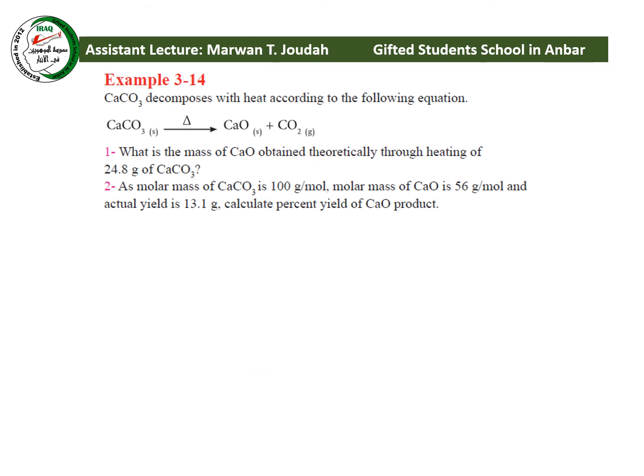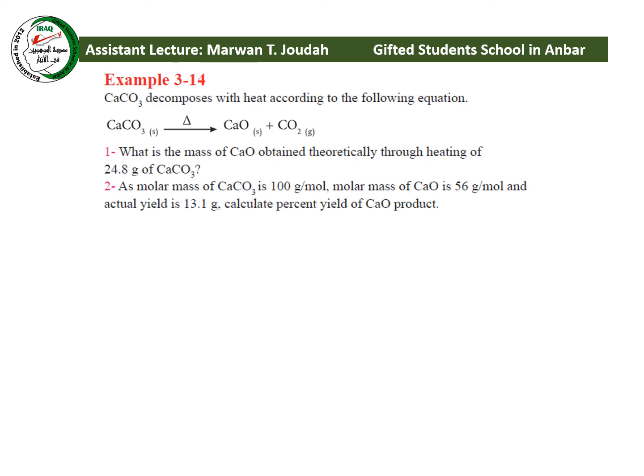Example 14, which is the last one. CaCO3 decomposes with heat according to the following equation. What is the mass of CaO obtained? This is the first part, so we need to calculate the mass of CaO. The molar mass of CaCO3 is 100 grams per mole, the molar mass of CaO is 56 grams per mole, and we have the actual yield. Then calculate the percent yield.